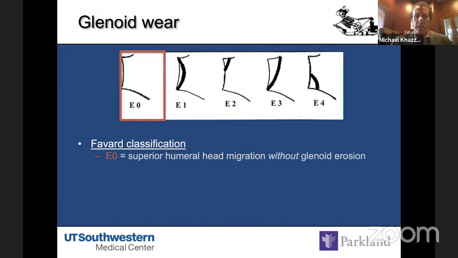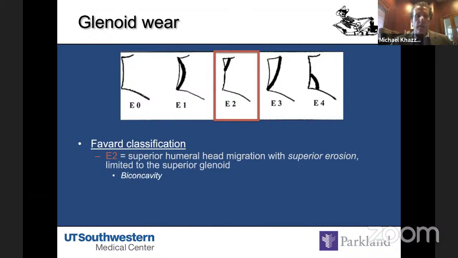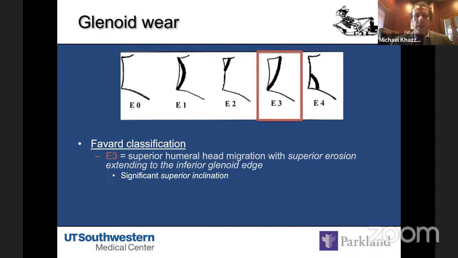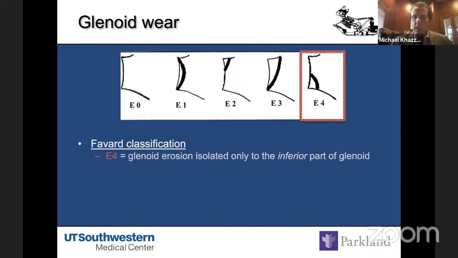E0 is superior humeral head migration without glenoid erosion. E1 is superior migration with concentric glenoid erosion. E2 is biconcavity. E3 is severe superior erosion with significant superior inclination, basically similar to the B3 in the axial plane. And then the E4 is inferior erosion.